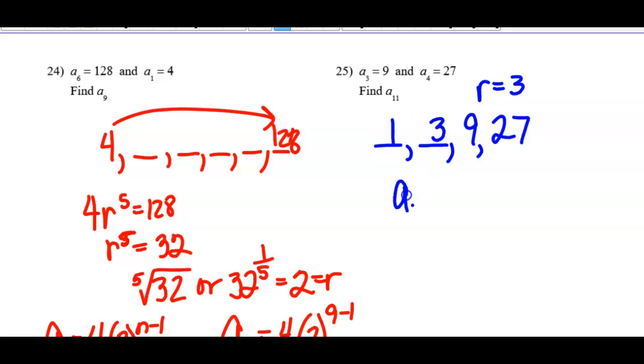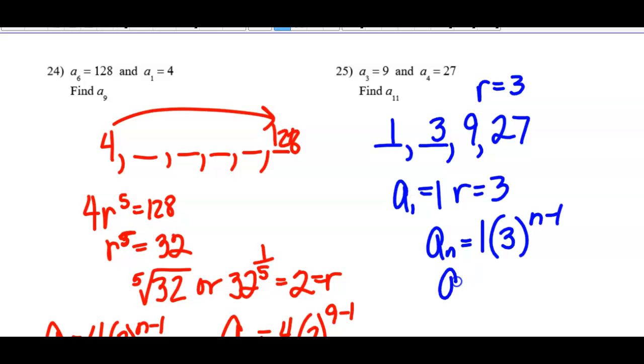Really? So the first term is 1, r is 3, so a sub n equals 1 times 3 to the n minus 1. To find the 11th term, we'd have 1 times 3 to the 10th, which is 59049.